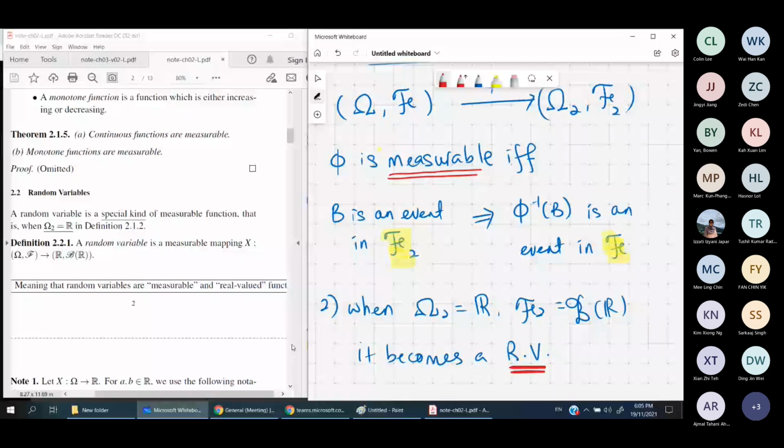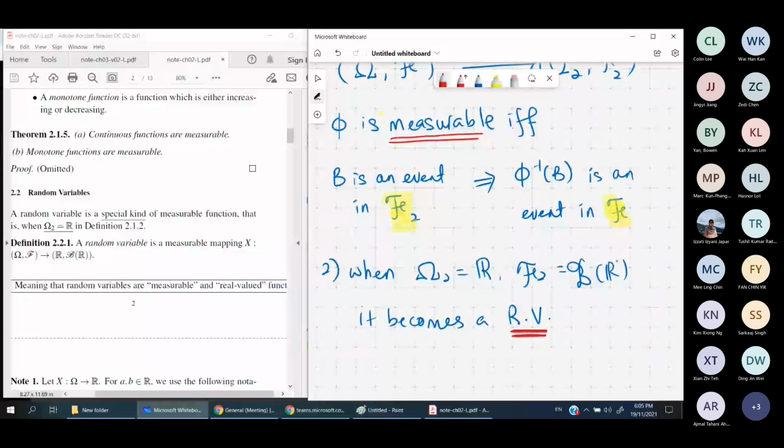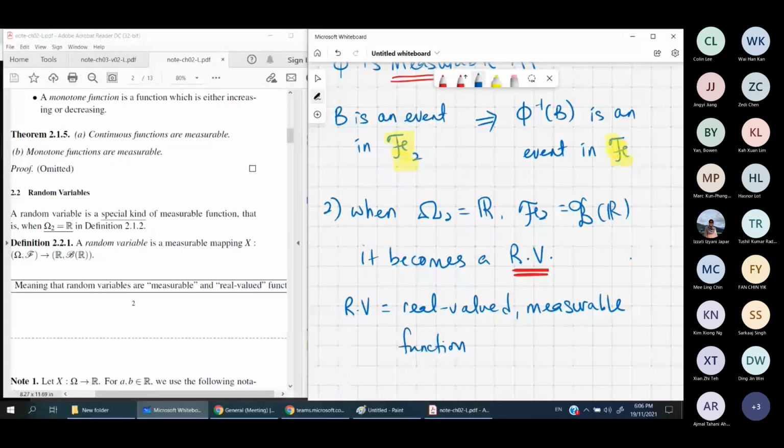So from here, we can see that a random variable is a measurable real value function. In other words, we can simply say: a random variable is a real value measurable function. So this is the general idea for it.